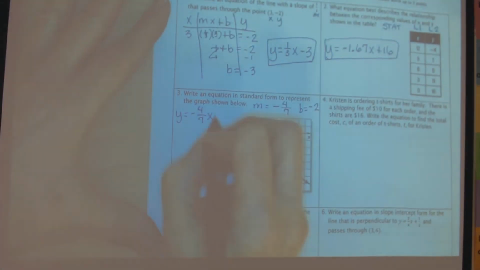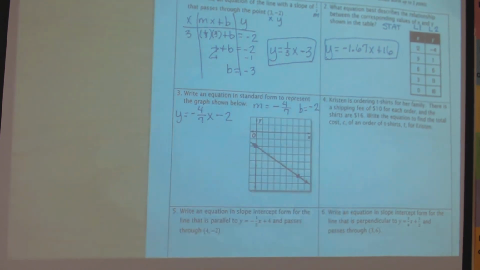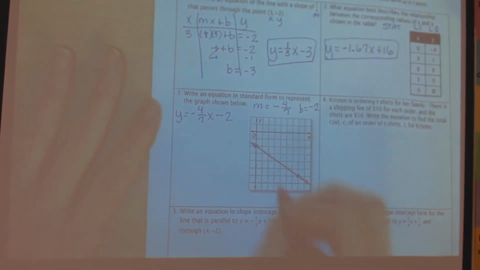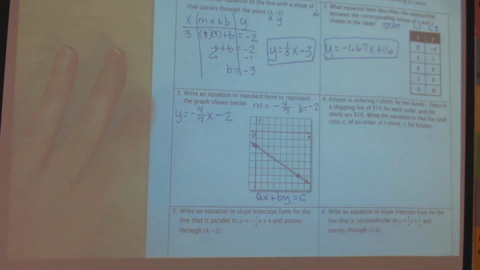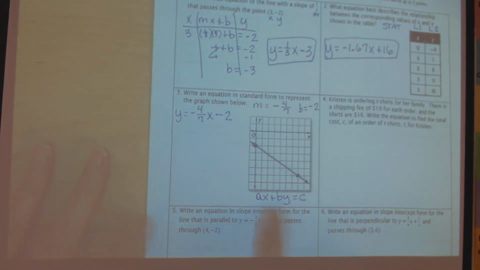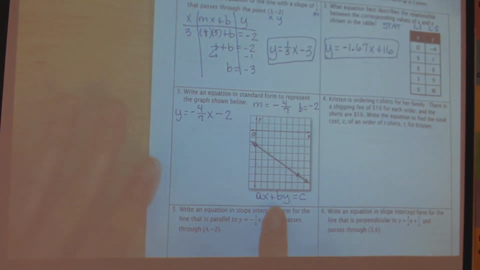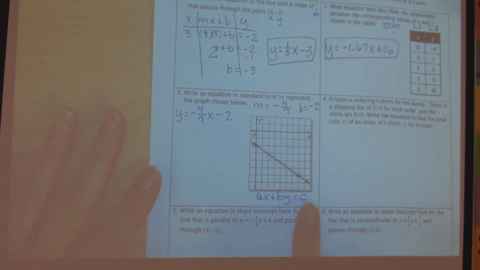So I'll go ahead and write this in slope-intercept form because I know how to do that. And then I have to figure out how to get it in standard form. Remember, standard form is when we have ax plus by equals c. So we have the x and y terms on the same side of the equation and the constant term by itself.